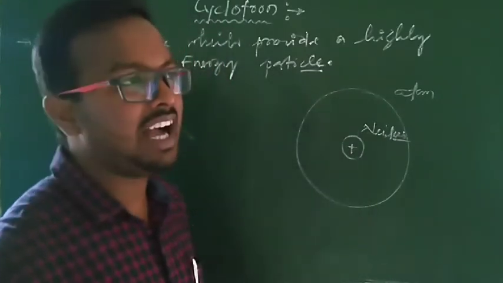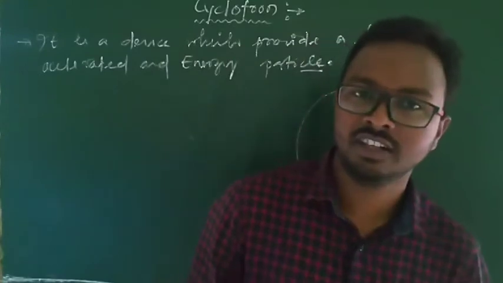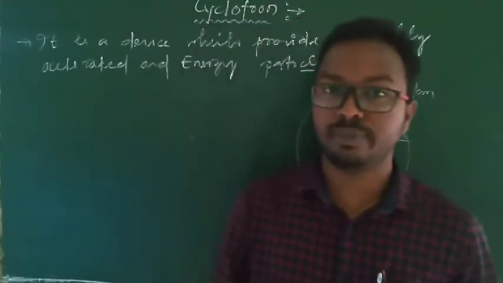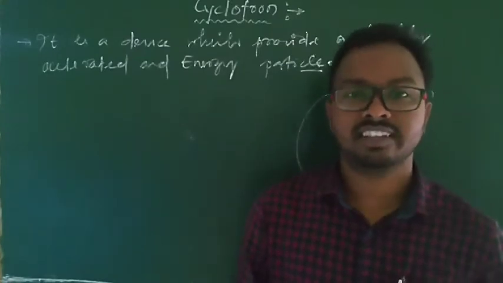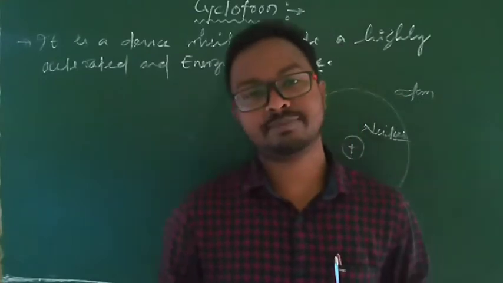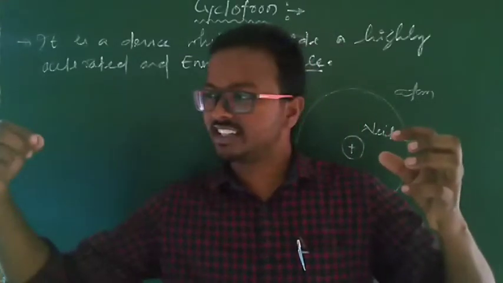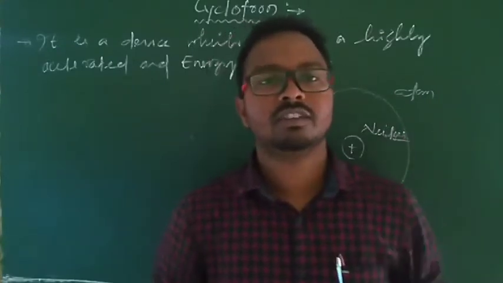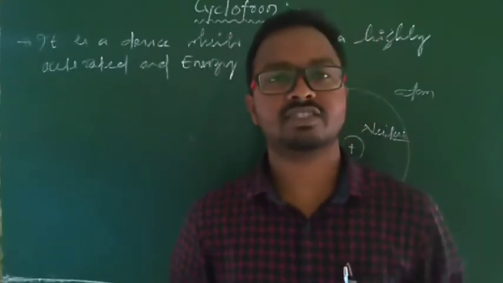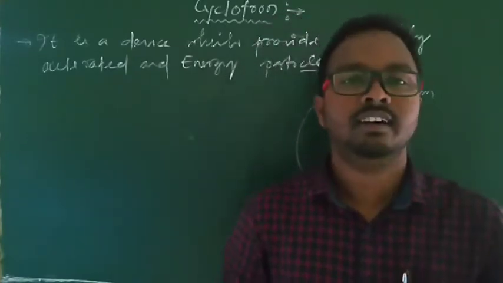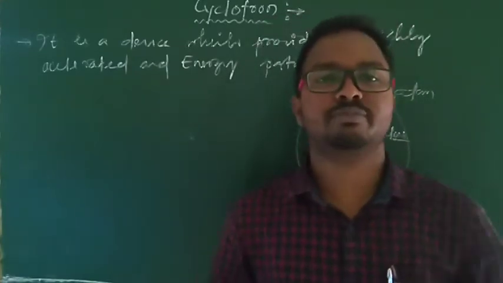So we need a highly accelerated charged particle. Clear? Suppose we want to break a particle, then we need a highly accelerated charged particle. When a highly accelerated charged particle collides with another particle, that particle collapses, it is destroyed, so that we can clearly study its properties.